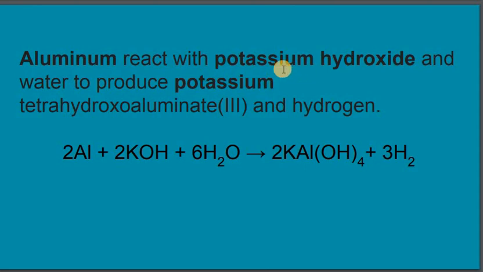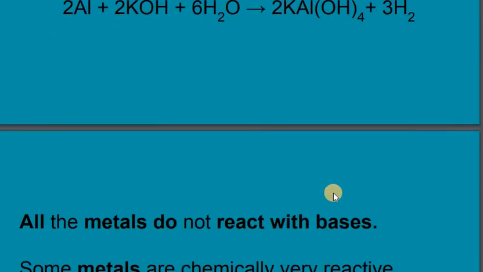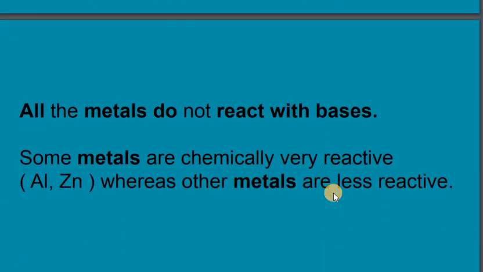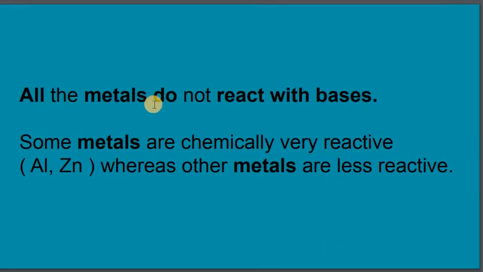Aluminium reacts with potassium hydroxide and water to produce potassium tetrahydroxoaluminate and hydrogen. So not all metals react with bases.